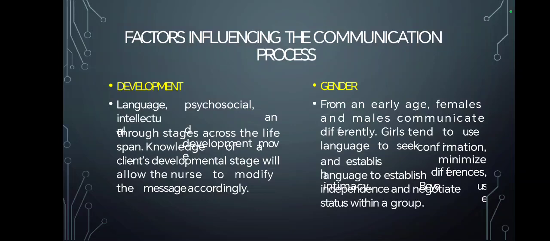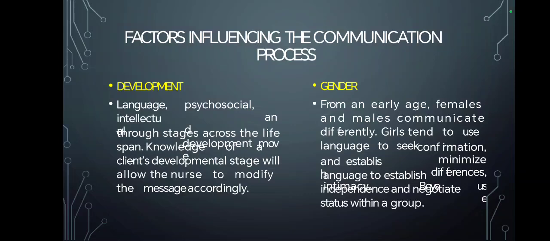So let's define it one by one. First, we have here development. This includes language, psychosocial, and intellectual development through stages across the lifespan. Knowledge of a client's developmental stage will allow the nurse to modify the message accordingly.